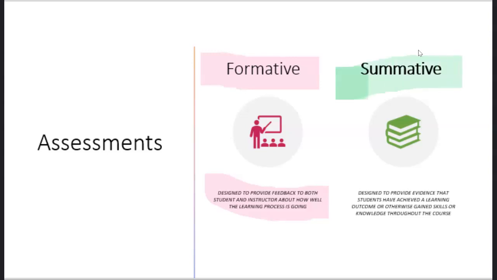Then there is summative assessment. It provides evidence that students have achieved a learning outcome or gained a particular skill or knowledge throughout the course. It is in the form of final exams, projects, discussion forums, final presentations, and so on. Summative assessments are always used in conjunction with the formative assessments.